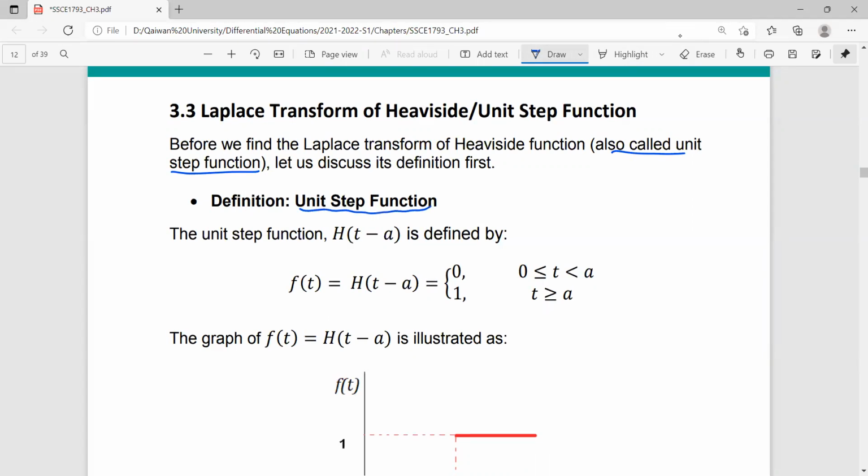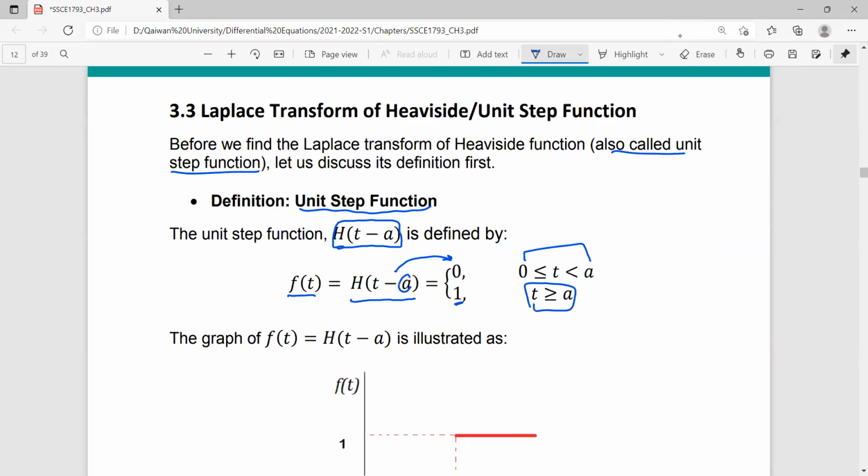We say that the unit step function h of t minus a is defined by f of t equals h of t minus a, and it equals a piecewise function. It equals 0 if t is from 0 to a, and equals 1 if t is greater than a.